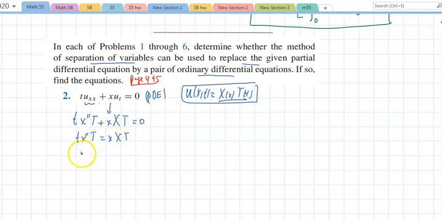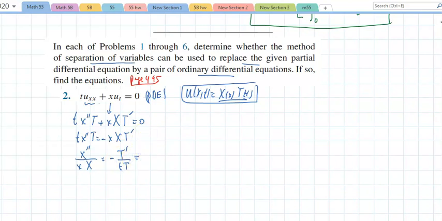So I could say X double prime over little x X equals, and that should be negative, I moved it to the other side, so that would be negative T prime over little t T.